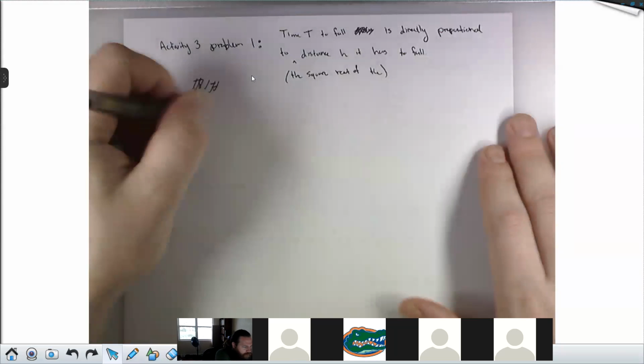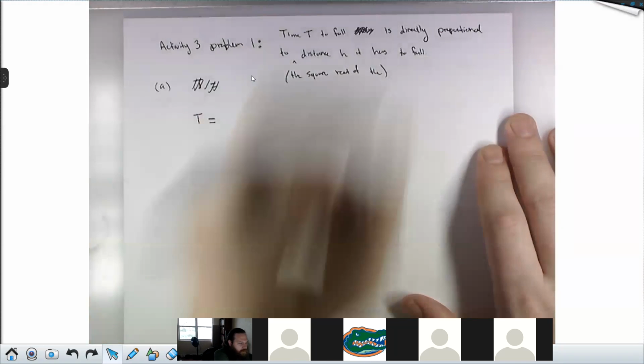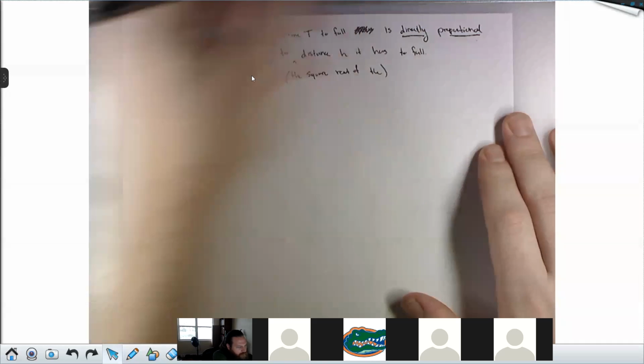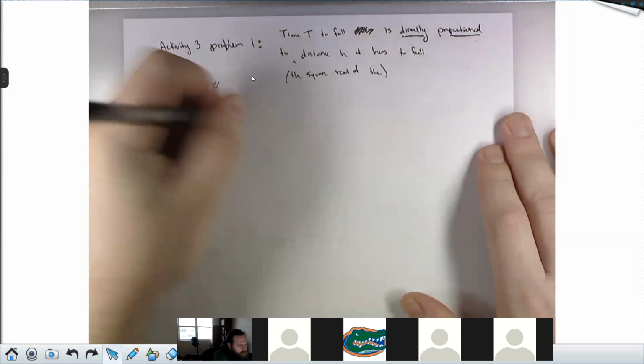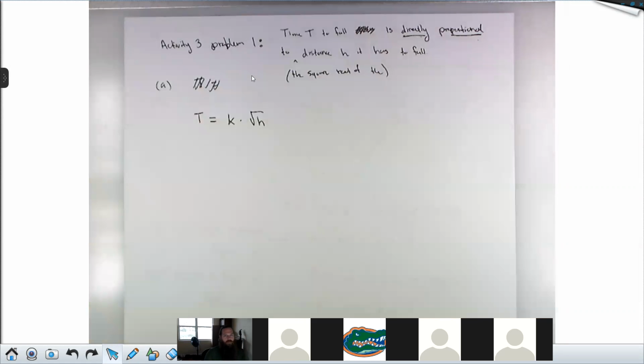So there is an equation we can write down from this, but it's not just t equals the square root of h. This word directly proportional is the key thing, right? This means it's equal to a constant times the square root of h.